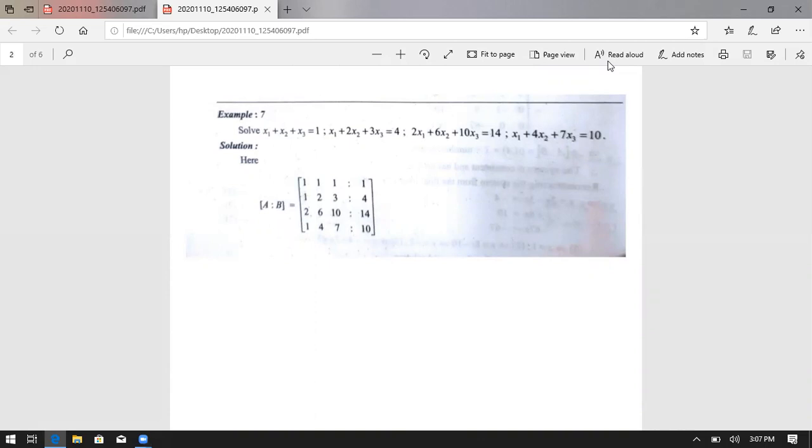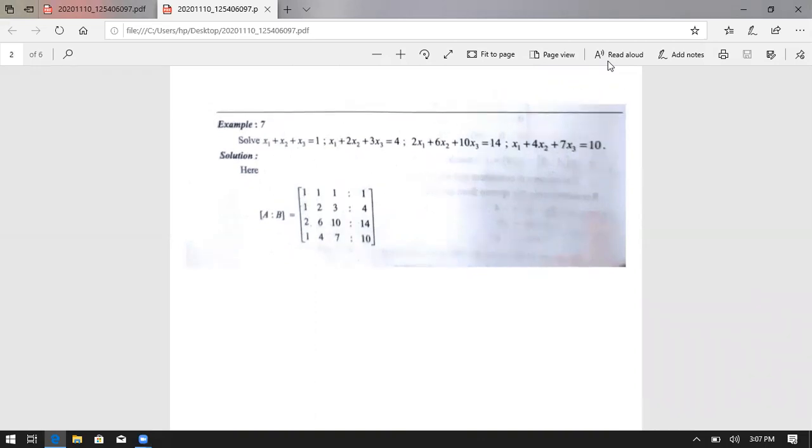Okay, the first step is to take the augmented matrix. This is the augmented matrix of A comma B, where this is the A and this is the B. I take the coefficients of x1, x2 and x3. The first equation is 1, 1, 1 and constant 1. The second equation is 1, 2, 3 and 4.